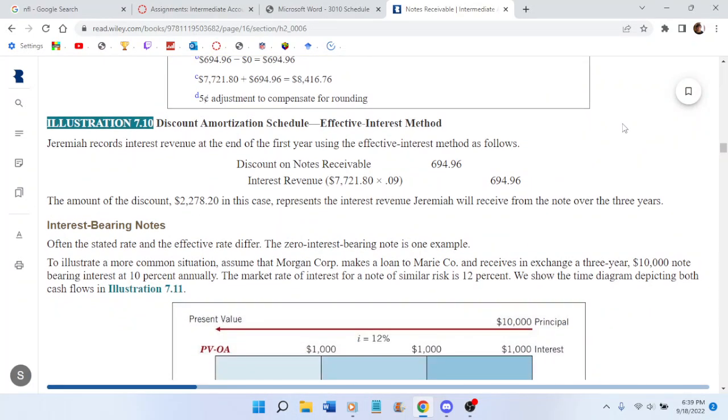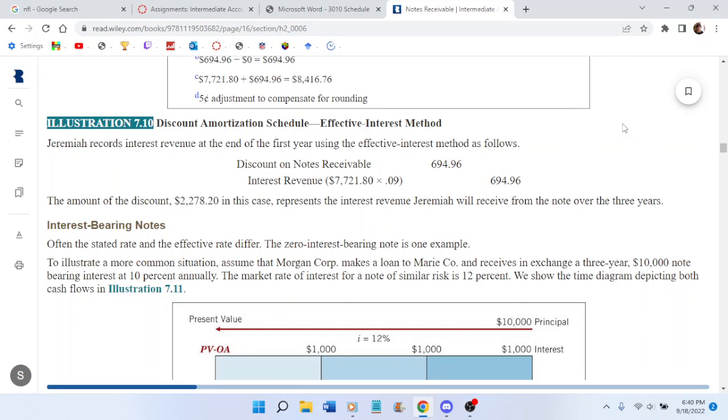Records interest revenue at the end of the first year. You know what's funny? I think we actually did do some of this stuff in financial accounting. It was like one of the hardest topics in that class.